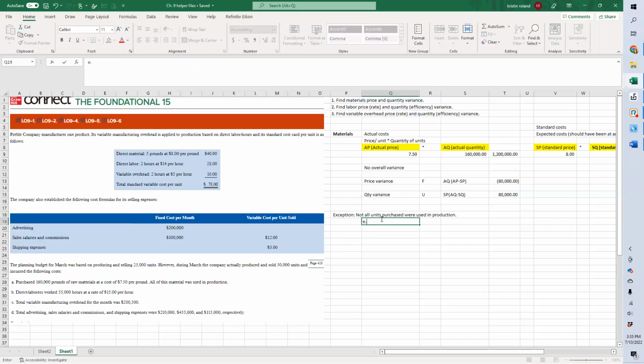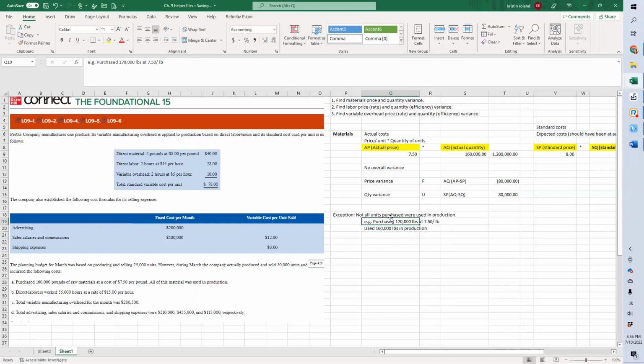For example, let's say we purchased 170,000 pounds at $750 per pound, and we used 160,000 pounds in production.